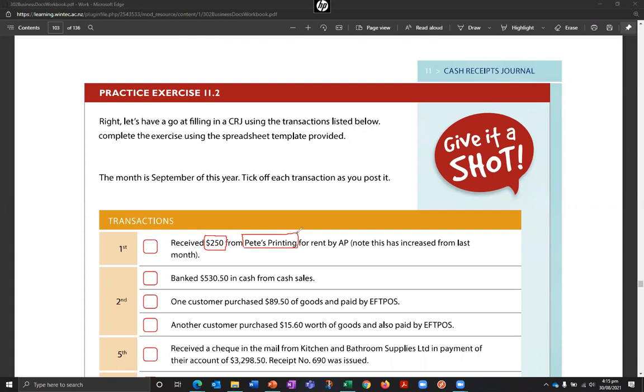Because we were given an actual business name, we use the business name instead of using rent. If we weren't given a business name and it just said received $250 for rent by AP, then in transaction we would write rent. But because we have a business name, we write the business name instead.